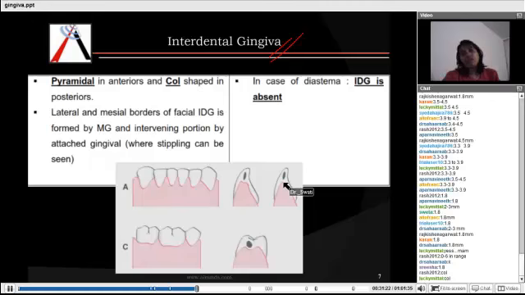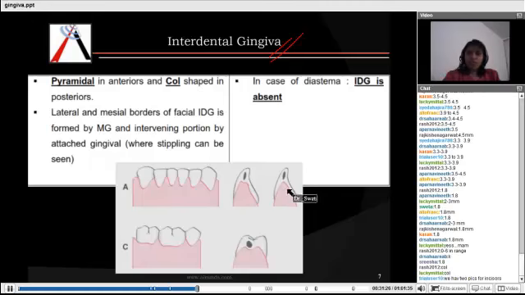Okay, from your MCQ point of view, I would not want you to put your brains into those particular points right now. Just focus that this has a pyramidal shape and this has a tent shape. We see col in posteriors because it is a broader contact area. Now, if somebody asks you a question: we shift the contact point of an incisor downwards and make it broad shaped, what will be the change in the interdental gingiva that you expect?